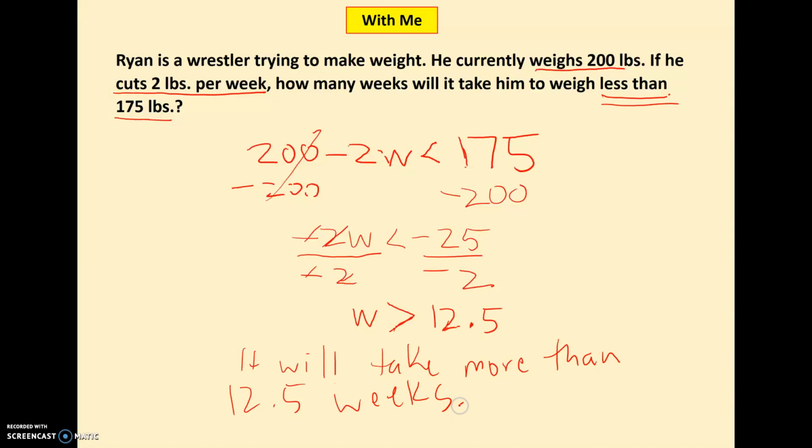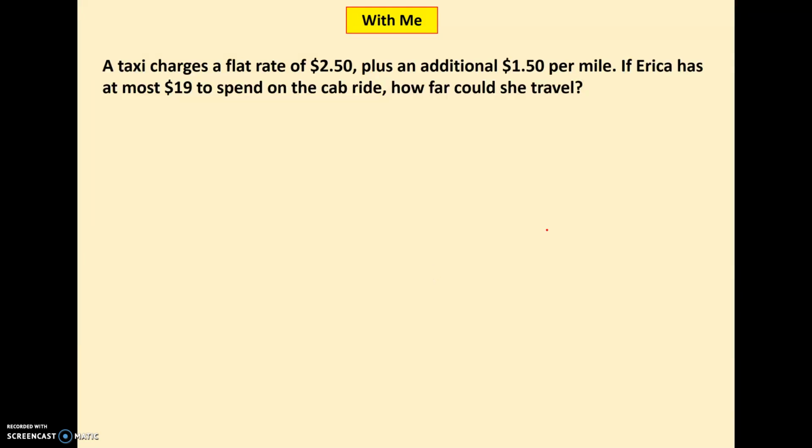Okay, next one. A taxi charges a flat rate of $2.50 plus an additional $1.50 per mile. If Erica has at most $19 to spend on the cab ride, how far could she travel? A lot of things going on here too.